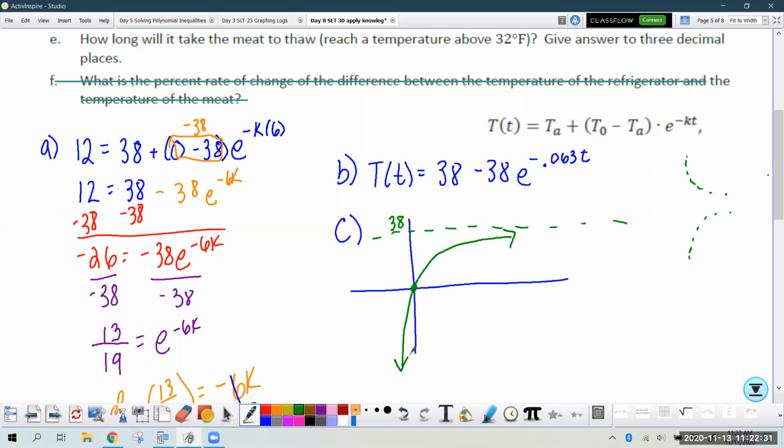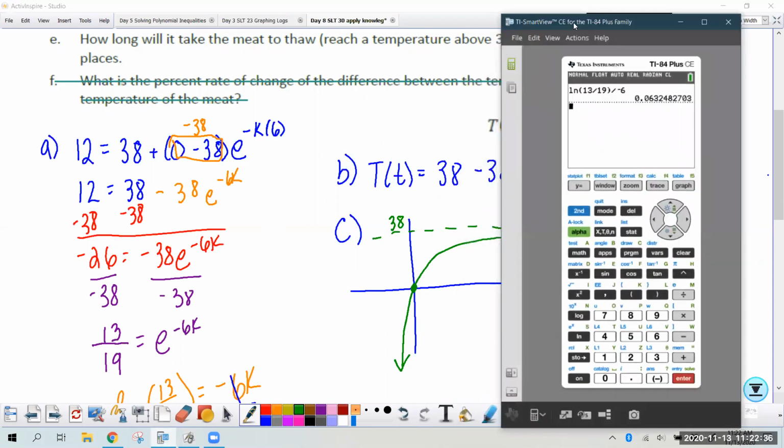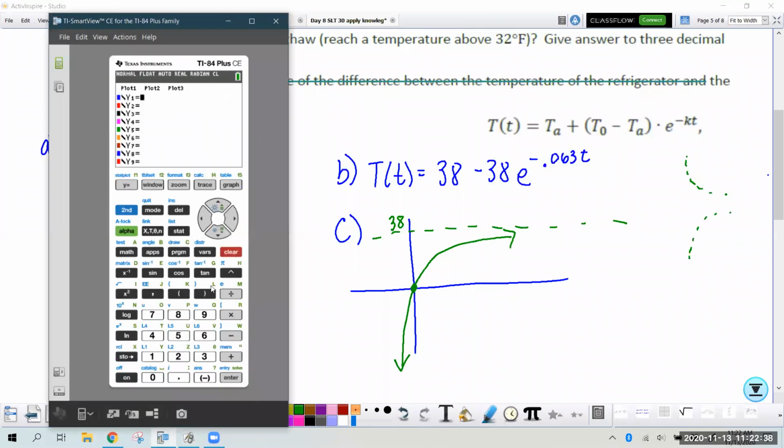So here's our graph. If you want to graph it, you can. Sometimes it just takes longer to type the buttons and mess with the window.